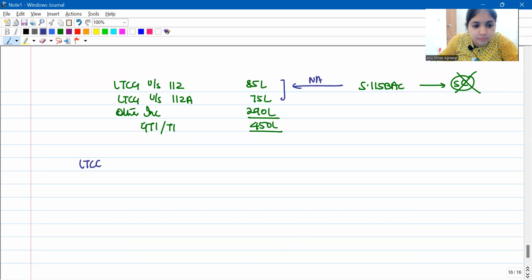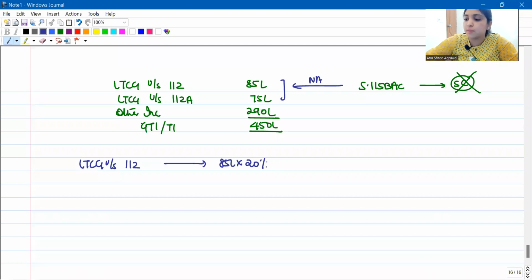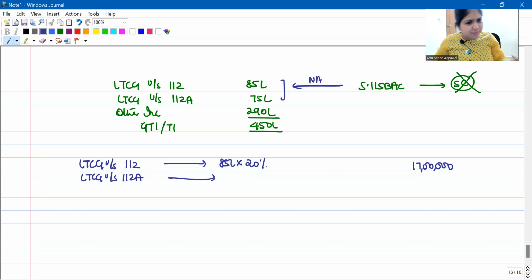So see, LTCG under section 112, what will be the tax rate? 85 lakhs into 20%, that's going to be 17 lakhs. Then what about LTCG under section 112A? Don't forget, we get a 1 lakh exemption. Did we make a mistake?